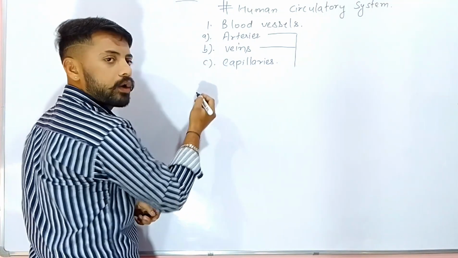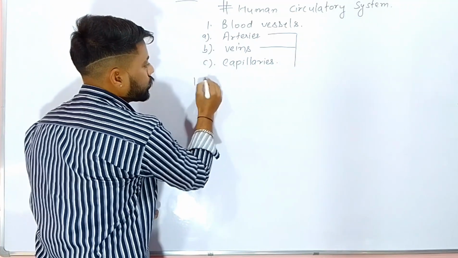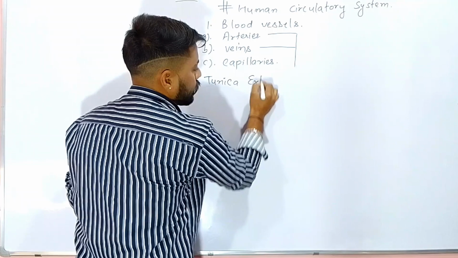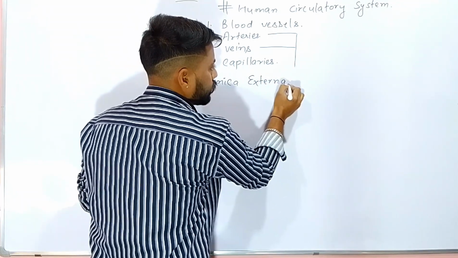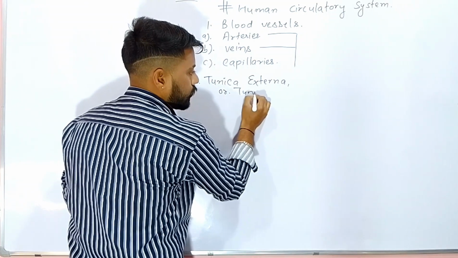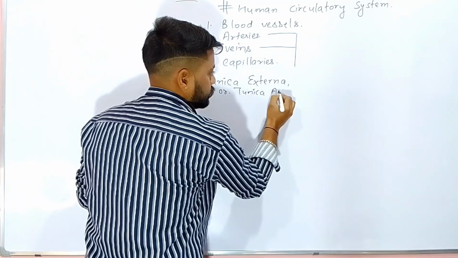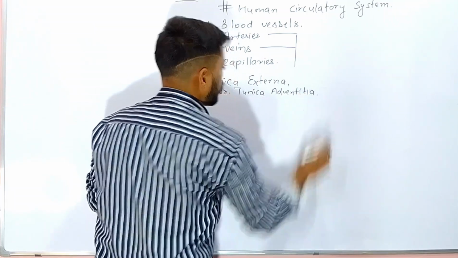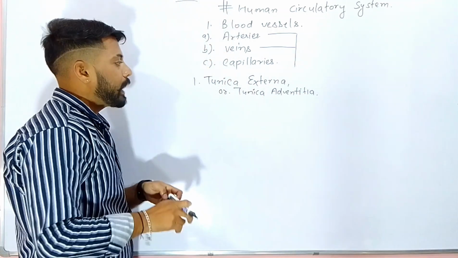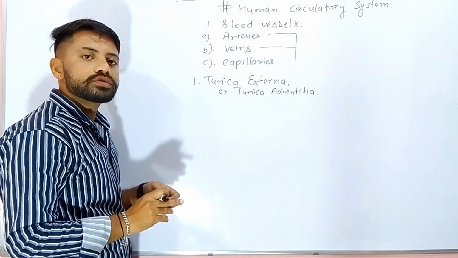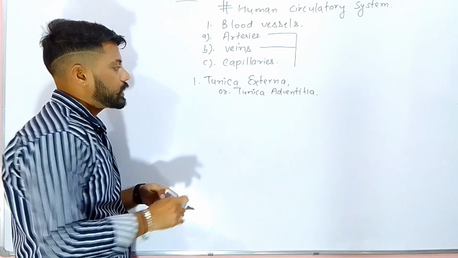The first and the outermost is the tunica externa, or it is also called tunica adventitia. It is the outermost layer, and this layer is made up of fibrous tissues. The fibrous tissues are both collagen and elastin.